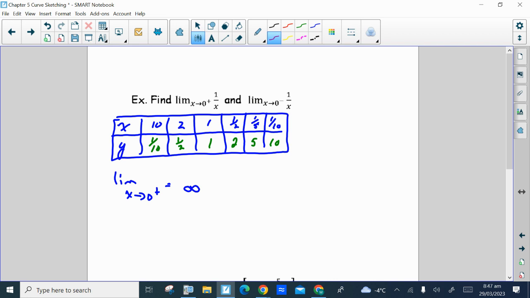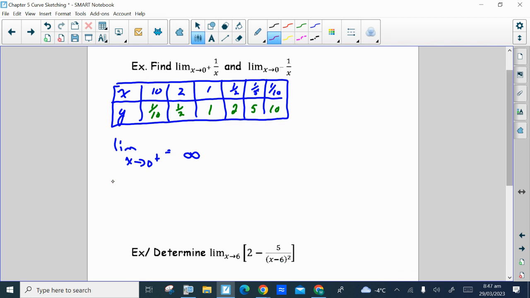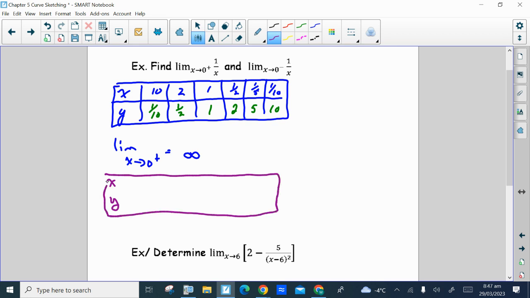So now we want to find the limit as x approaches 0 from the left side. So if we're to the left of 0, our numbers have to be negative. So we might do negative 10, negative 2, negative 1.